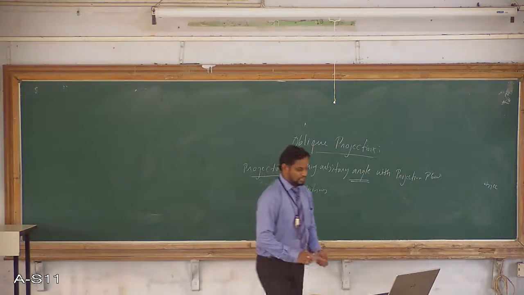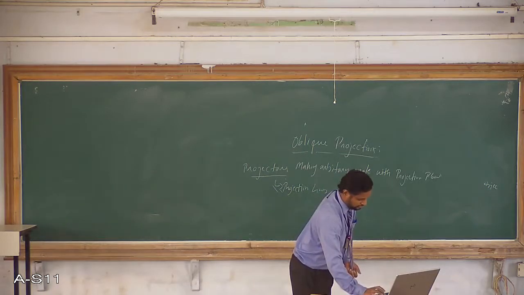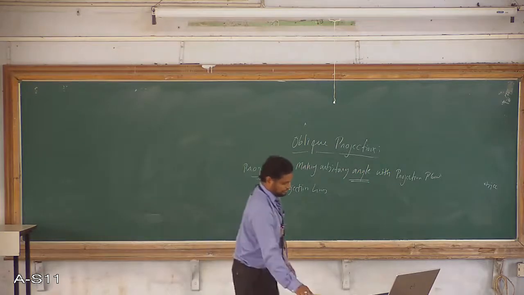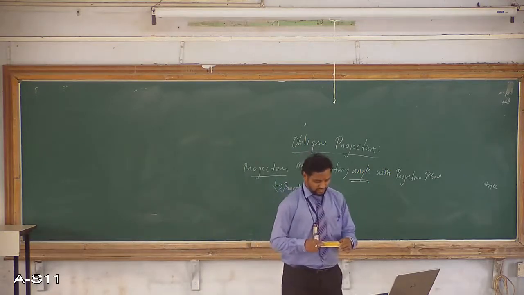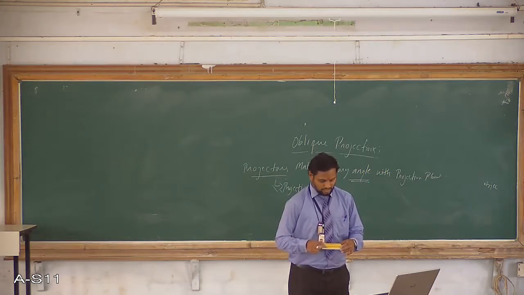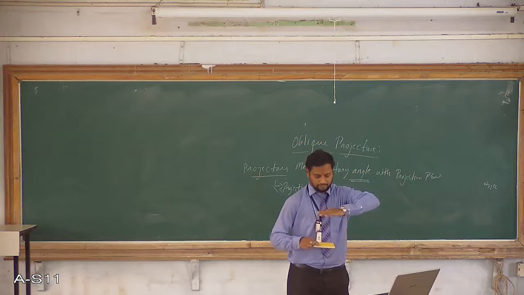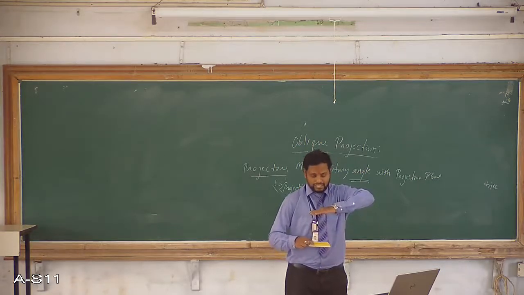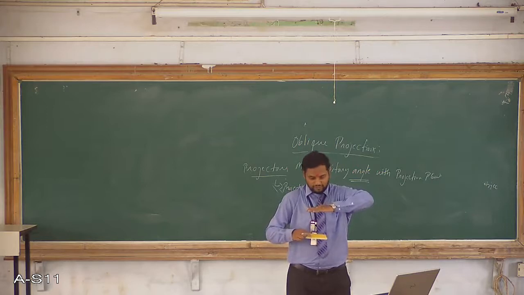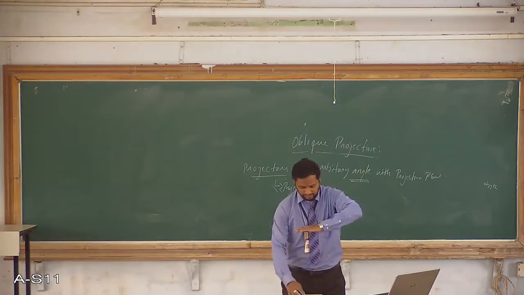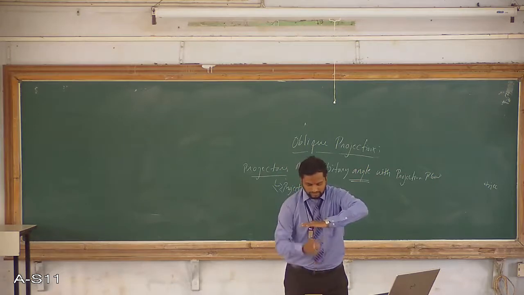I can draw you the diagram, then only you will understand. For example, if I consider this as an object, I'll place the projection plane here at the top, exactly above the object. The projectors will be like this way and this way.